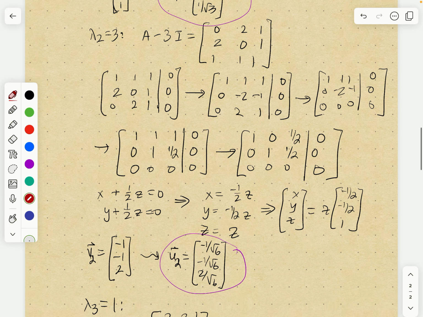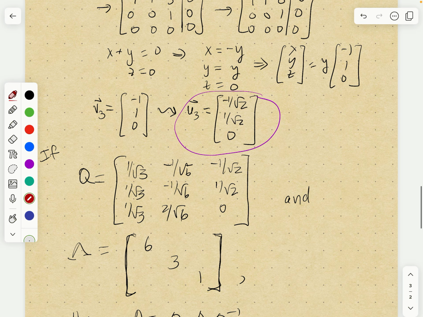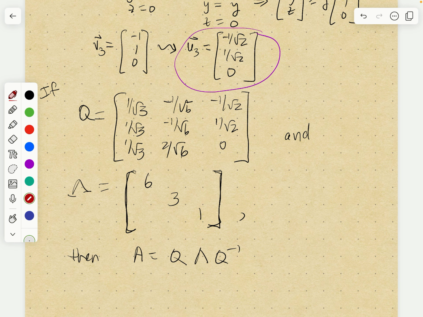And then maybe one more comment is that you do have some leeway in your Q matrix. Well, first of all, you can always rearrange the order in which you write down the eigenvalues. And in that case, there's like 6 possible ways to arrange the 3 numbers. In that case, you can just rearrange the columns to match that.